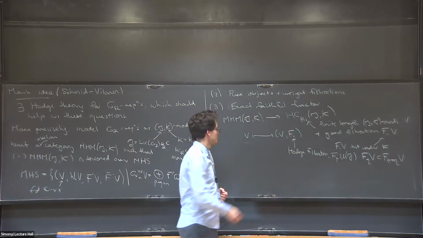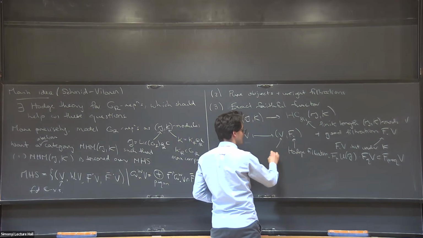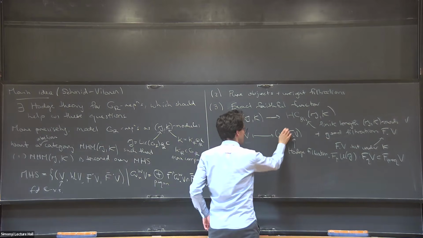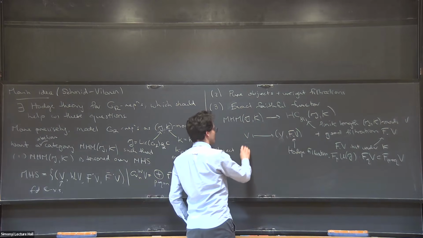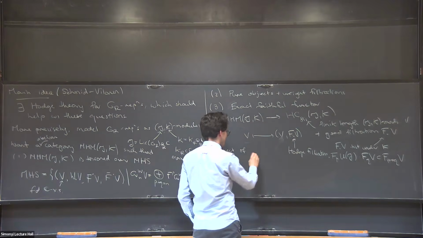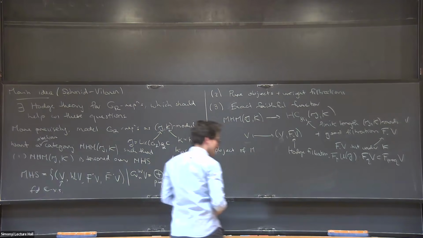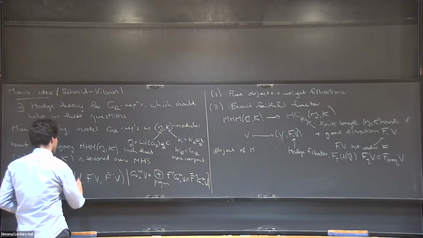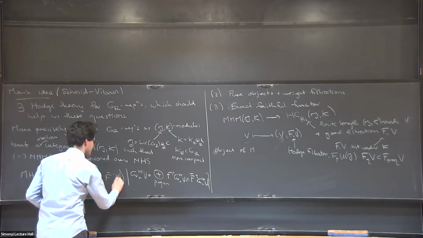Now V is just going to be a Harish-Chandra module. Maybe I should write this. That makes it clearer. Yeah, the finite dimensionality was in the mixed Hodge. That's right, this V is not that V. Maybe I should call this one H or something, to make it less confusing. Yeah, thanks.